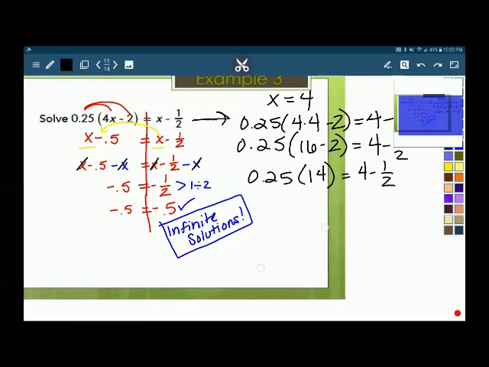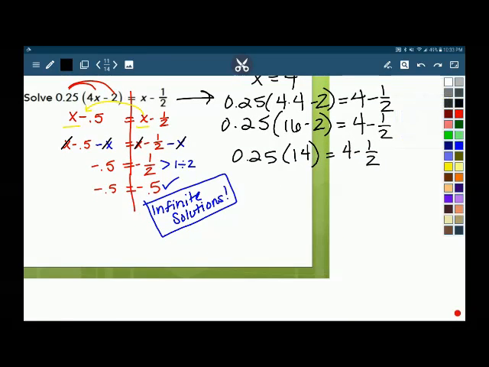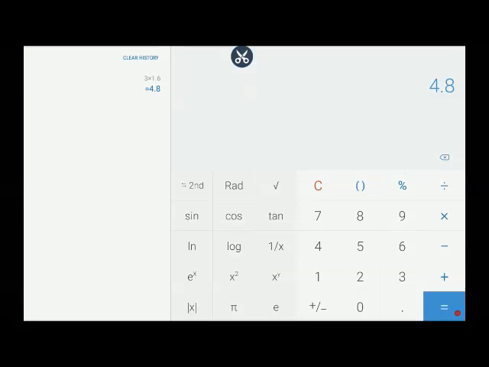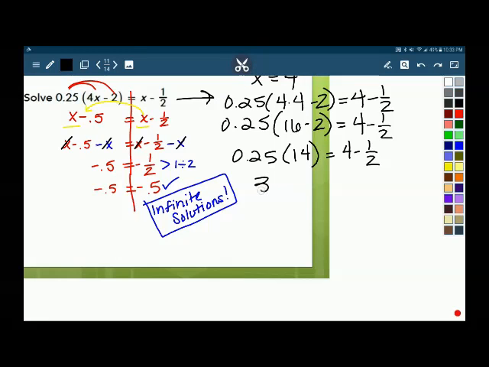I'm going to do 0.25 times 14. Here we go. I get 3.5. So here I get 3.5 is equal to, now 4 minus 1/2 is 3.5, which is the same as 3.5. So that actually worked. I picked a random number, 4, and it worked.